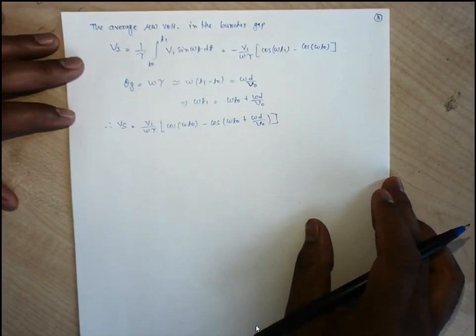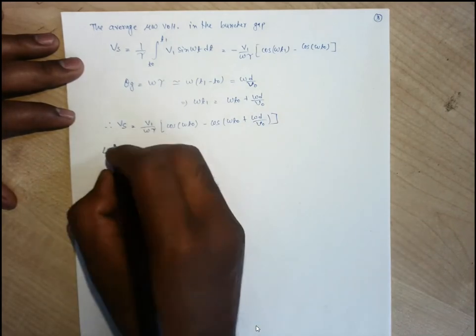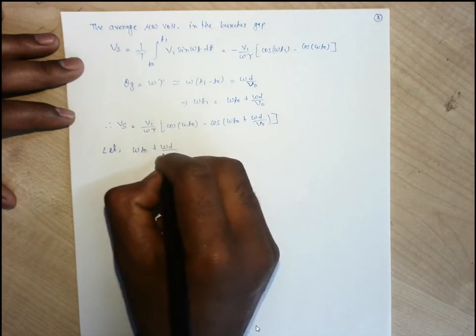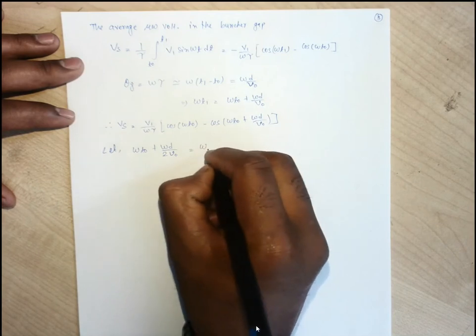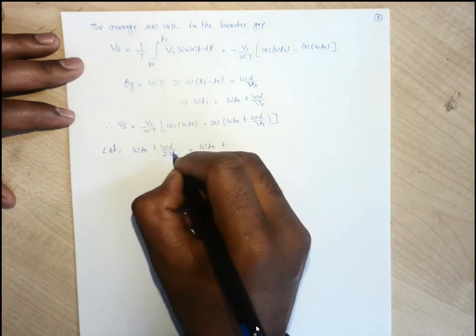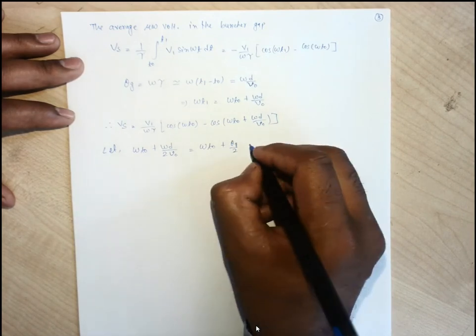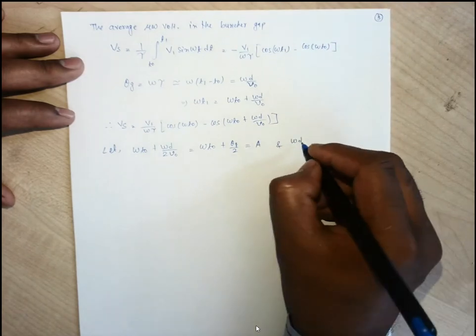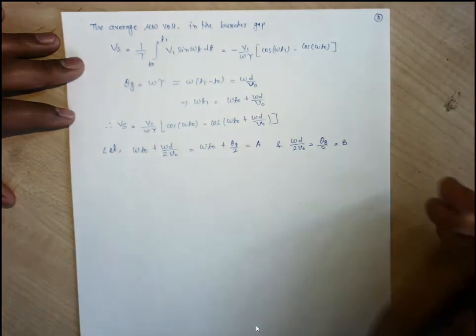Now let us do a little modification. Let omega t0 plus omega d by twice V0, that is omega t0 plus theta g by 2, equal a, and omega d by twice V0, which is simply theta g by 2, equal b.